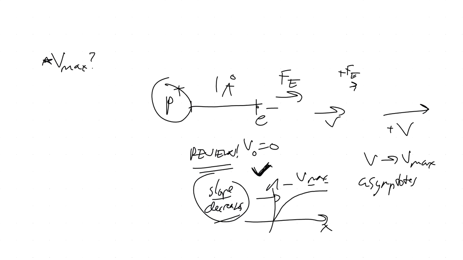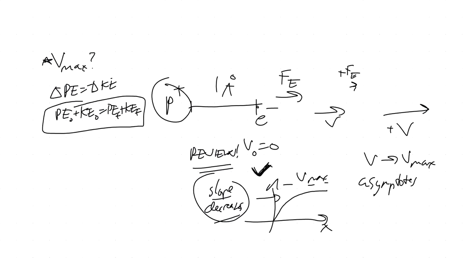Remember, delta PE equals negative delta KE, or PE initial plus KE initial equals PE final plus KE final. I actually like this one better.